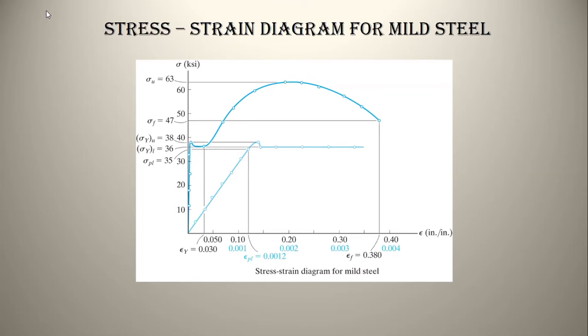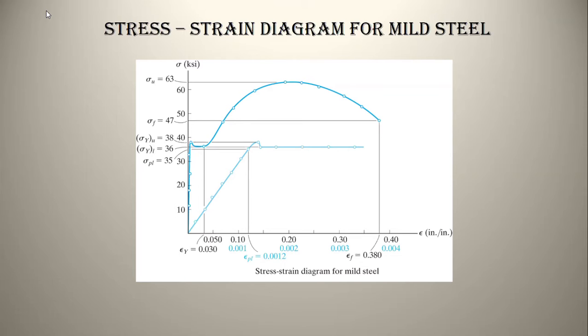That's where you draw the line. So this is an important thing. How do you define yield strength? You define it by taking 0.2% and drawing a line parallel to the original line, and wherever it cuts the graph, that's the yield strength.